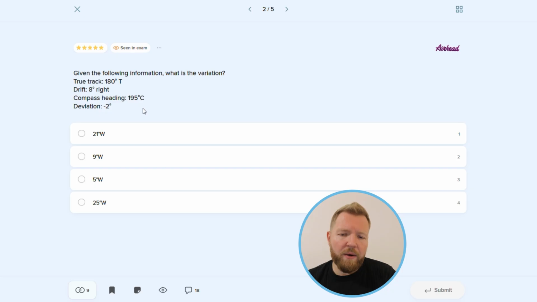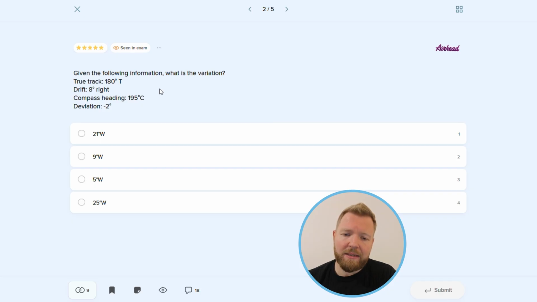Now we have to go backwards because we need to find a true heading, the last item in the CDMVT. We have a right drift, so true heading that we are looking for, plus 8 degrees of drift equals 180 degrees of true track. Therefore, true heading will be 172 degrees. And now we can calculate the variation.